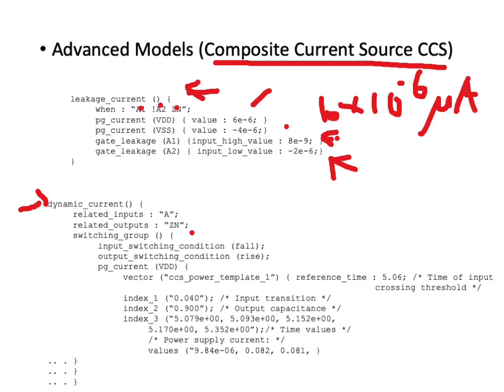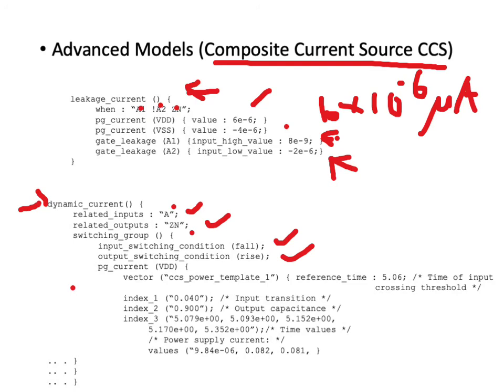So this is the switching that arises from inputs A and the outputs Zn. And the condition where we define these currents are on a fall transition at input A and a rise transition on output Zn.